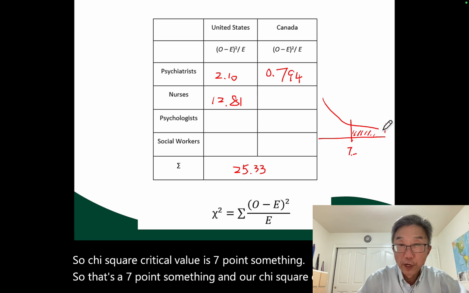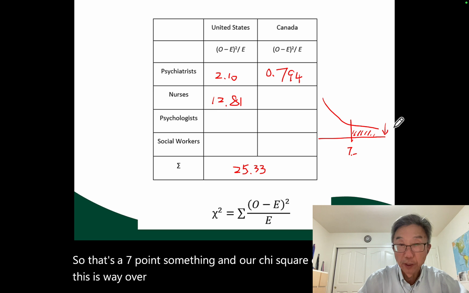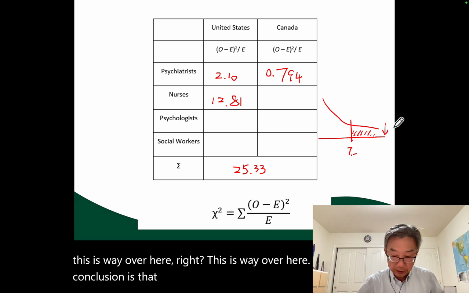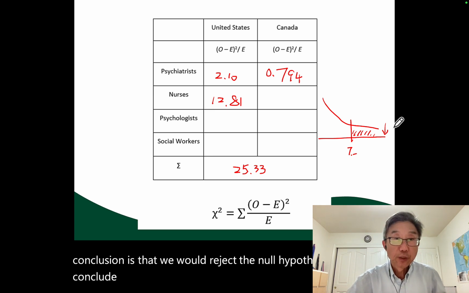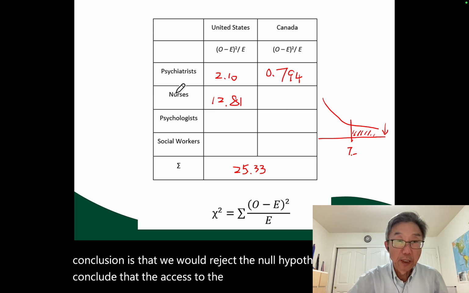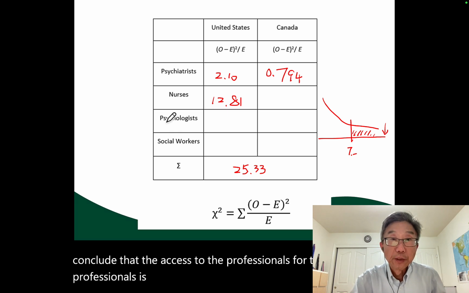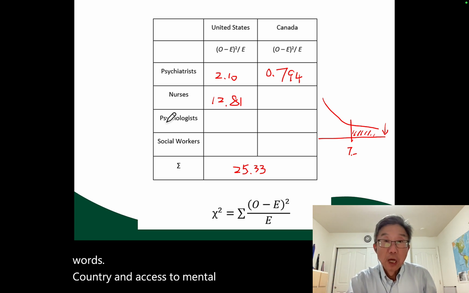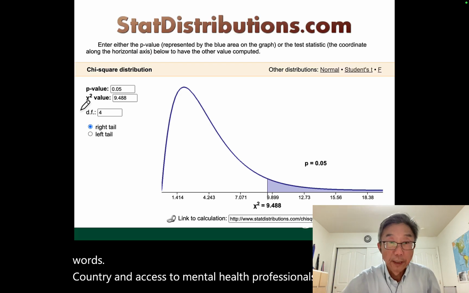So this is way over here. Our conclusion is that we would reject the null hypothesis and conclude that access to mental health professionals is different for United States and Canada. In other words, country and access to mental health professionals, the two variables, are related.